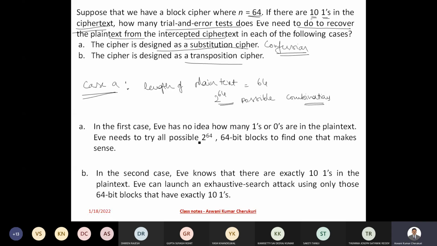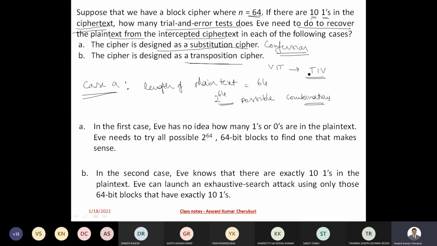Whereas in the case of the second scenario, which is transposition, what is typically happening? You are permuting the bits of the text. As we discussed, you take VAT, and you just permute the positions of the bits, like TIV.